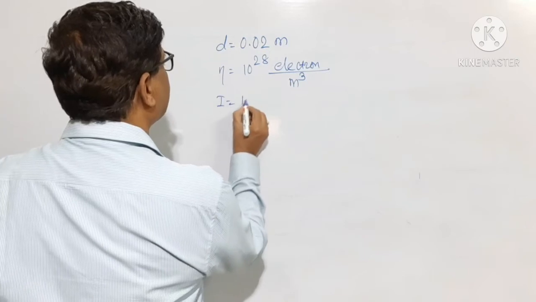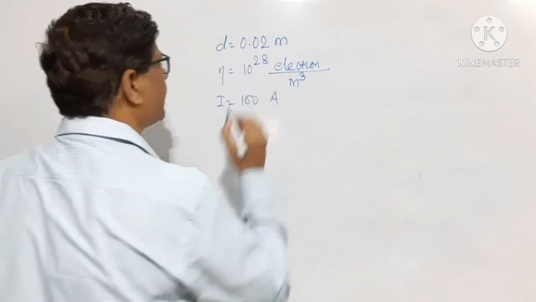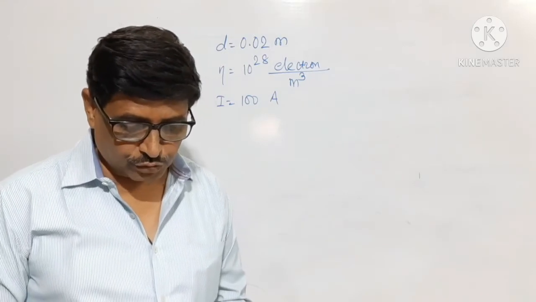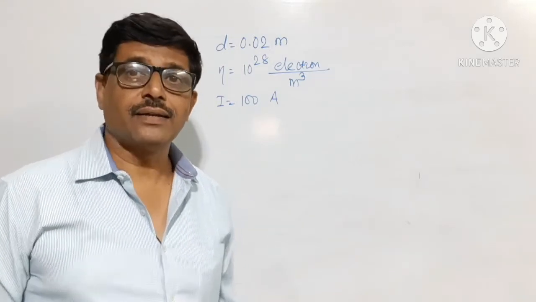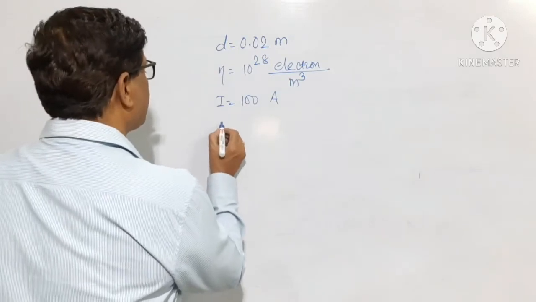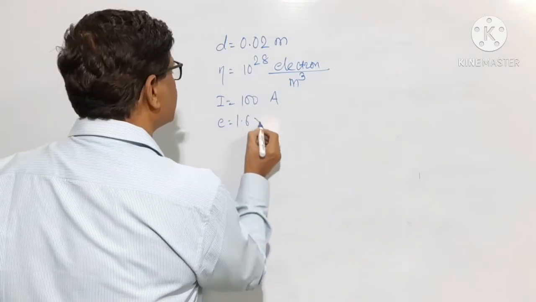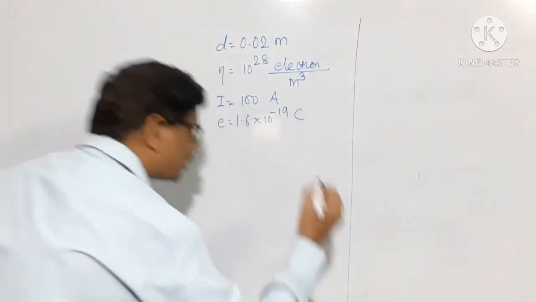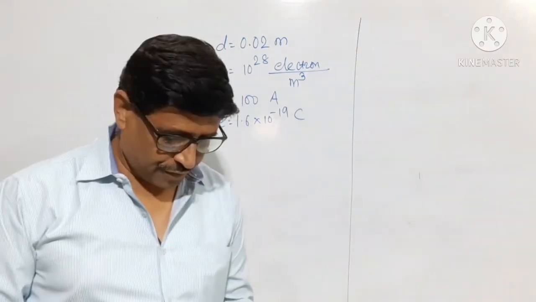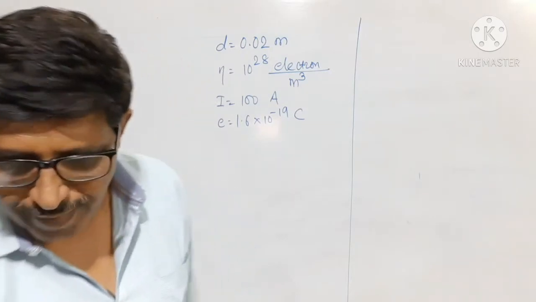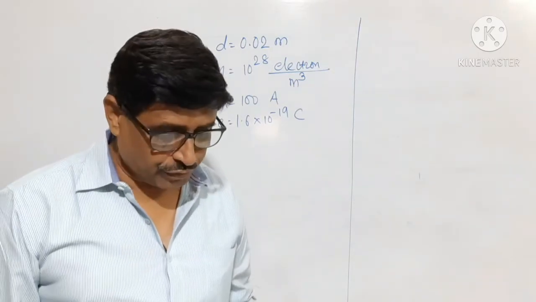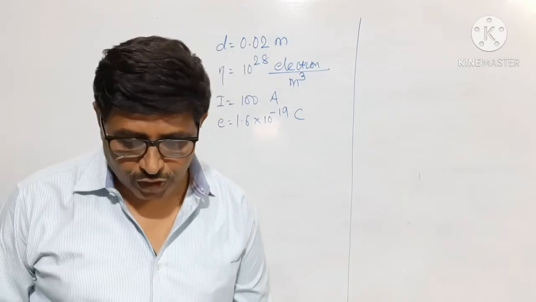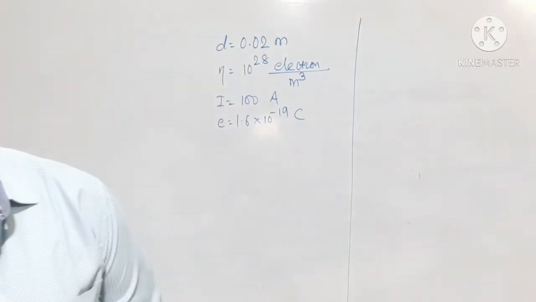The electric current given here is 100 ampere flowing through the wire, given that the charge on the electron e is equal to 1.6 into 10 to the power of minus 19 coulomb. This is the data given to you. What you have to determine is the drift velocity of the free electrons.